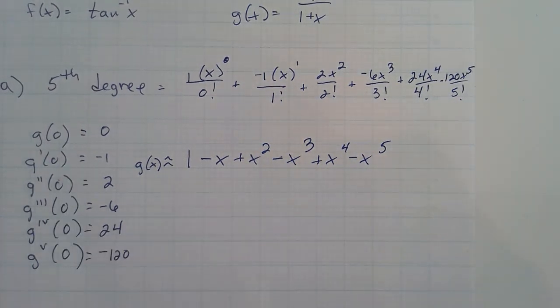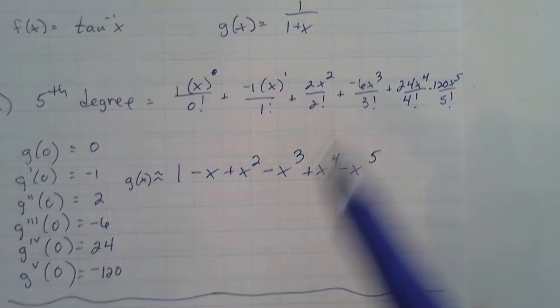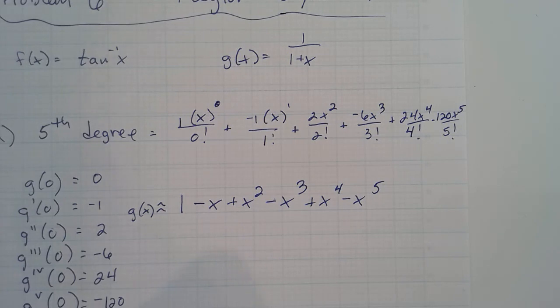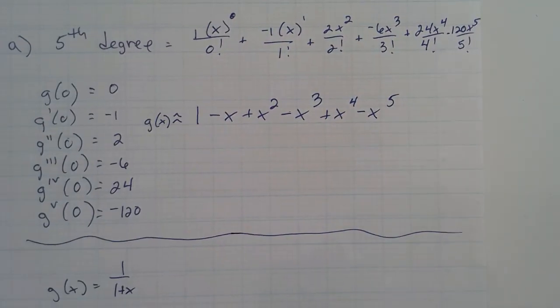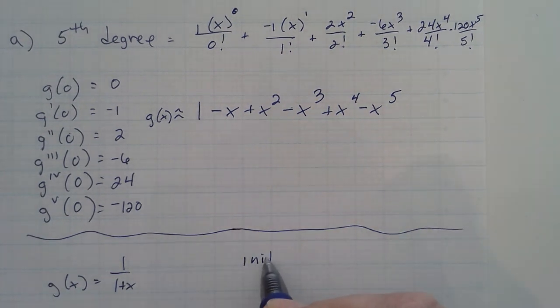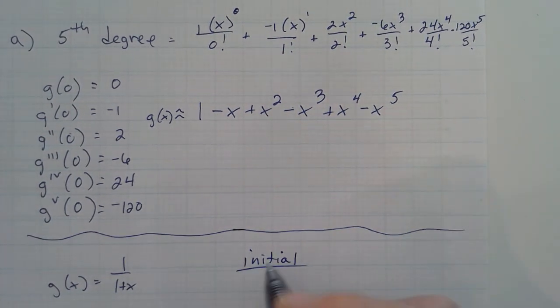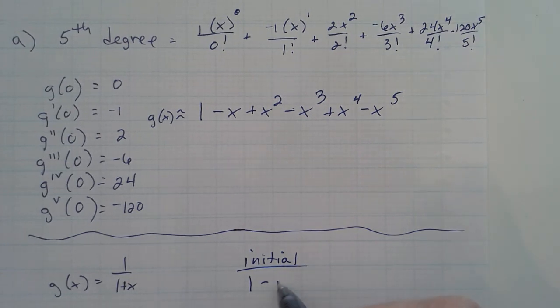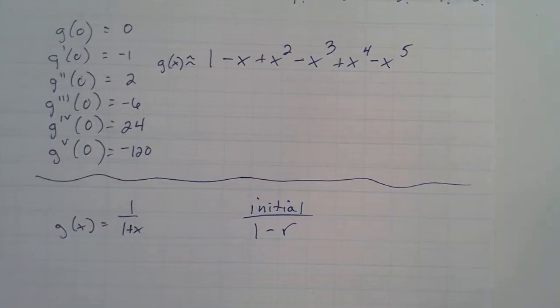All right, so that's one way of doing it. Another way: we know g of x is 1 over 1 plus x. Remember, we've got initial over 1 minus your multiplier, your r.